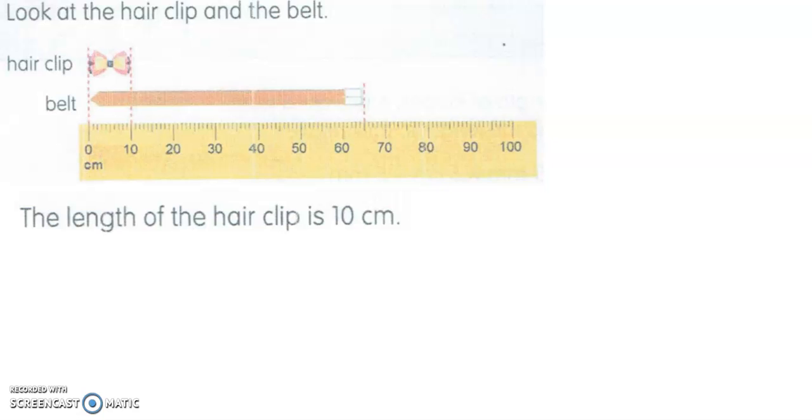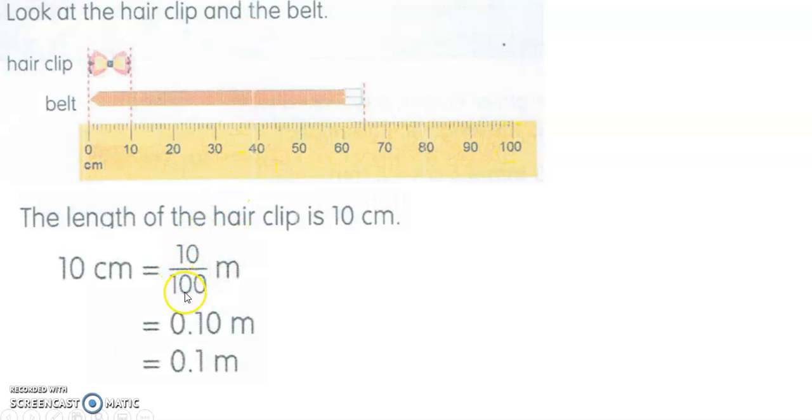This means I'm going to pick 10 parts of the 100 parts, because I have here 10 centimeters. This ruler is from 0 to 100, which means 1 meter. So 10 parts out of 100 parts is like 10 out of 100 meters. So 10 centimeters equals 10 out of 100 meters, which means 0.10 meters.